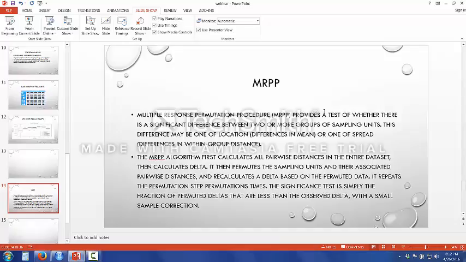Then it calculates the probability of randomly getting a smaller distance than the average distance for the true groups. And this is what gives you a p-value, just like in ANOVA, which would test significance or not.